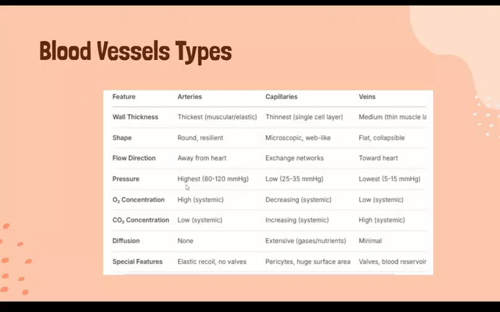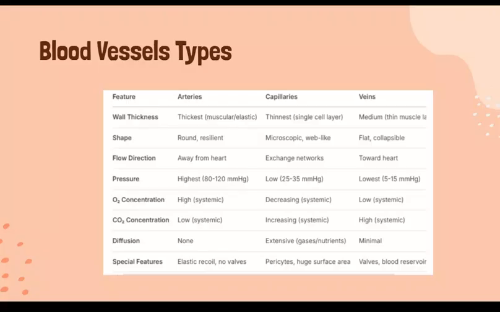Its pressure is the highest, 80 to 120 millimeters of mercury. And the O2 concentration is pretty high. This is because, remember, it's delivering blood away from the heart. Whenever we have blood from the heart and we're distributing it, that's oxygenated blood. So its oxygen level is really high. And because we're only delivering the blood away from the heart, we're not carrying it back, we have a pretty low carbon dioxide concentration simply because we don't take much of that.